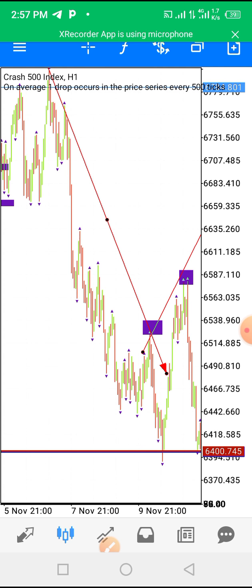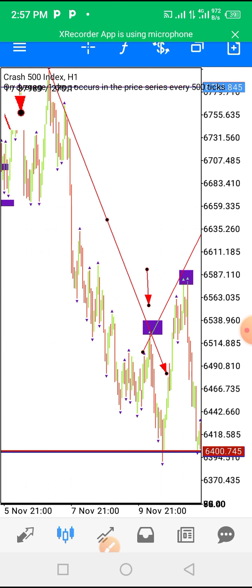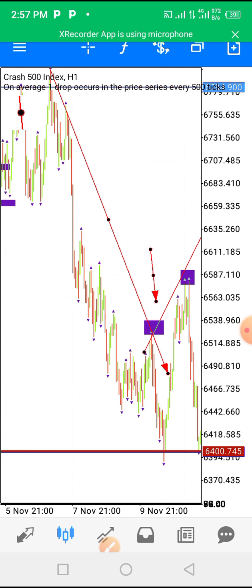How do I mean? In this particular trend, you find that this box is lower than this one, right?